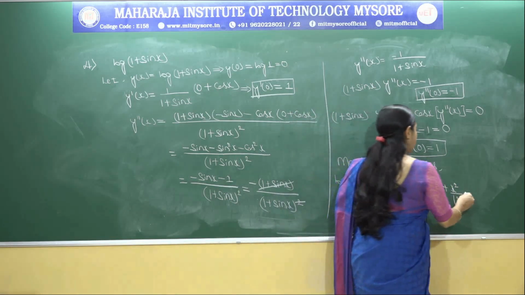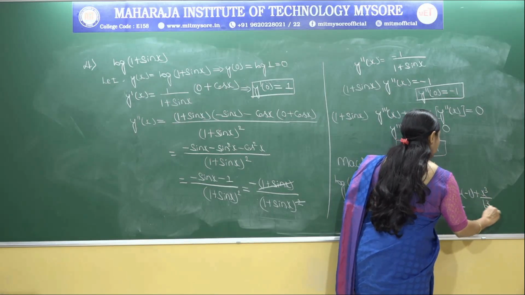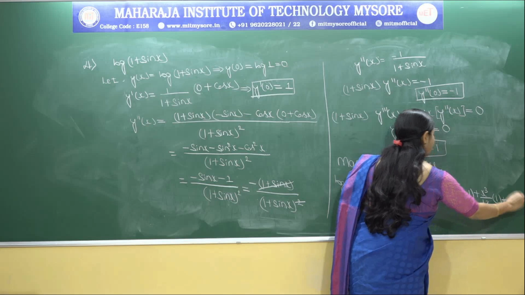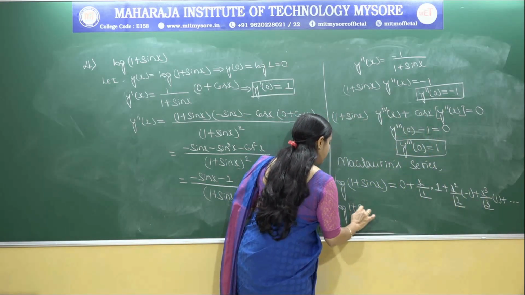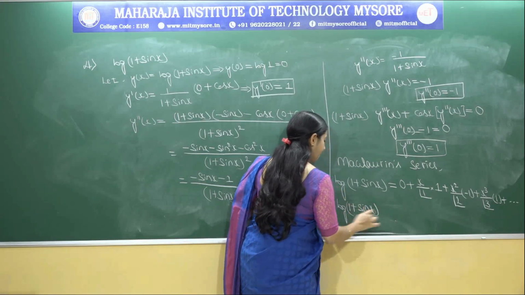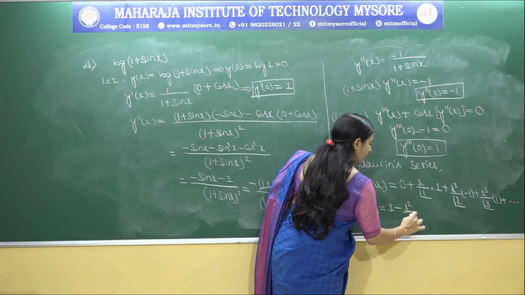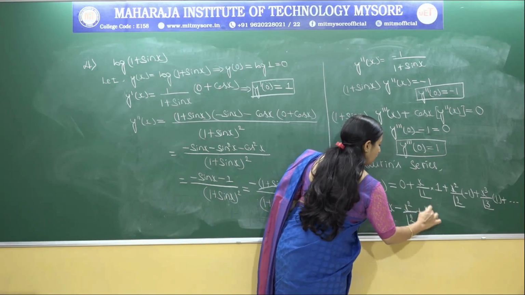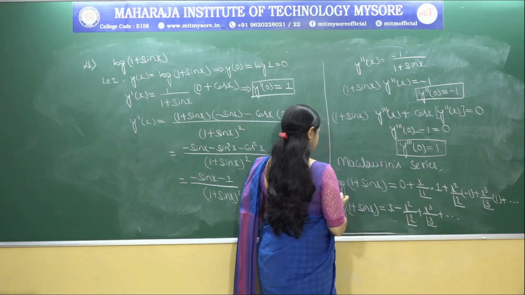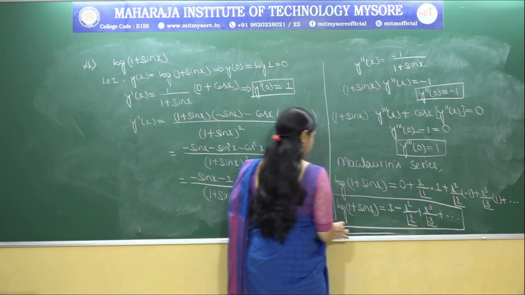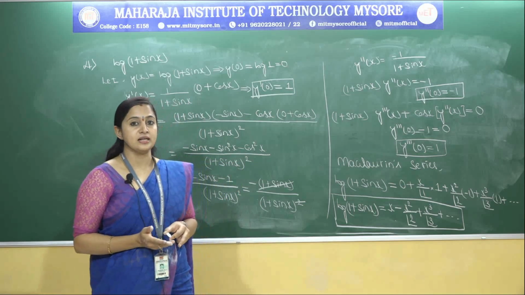The y double dash is minus 1. X cube divided by 3 factorial. The third derivative is plus 1. So we'll get the log 1 plus sin x using the Maclaurin series. The first term is x, second one x square divided by 2 factorial, third one x cube divided by 3 factorial. This is the series expansion of the log 1 plus sin x.